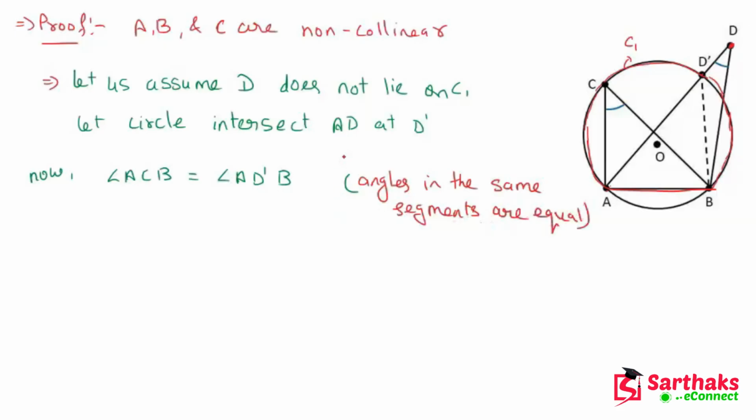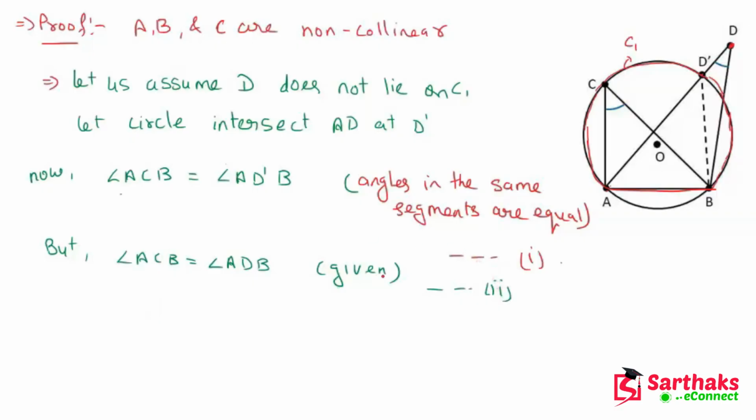Got it, my dear friends? Let's suppose this is equation number 1. But given, we have angle ACB is equal to angle ADB. This is given, and let's suppose this is equation number 2.